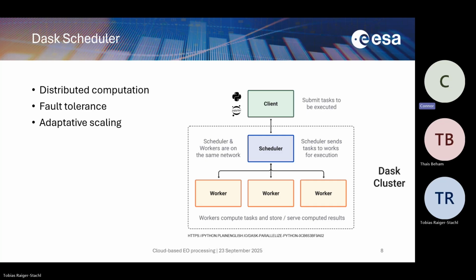If you have a worker that fails, the other workers will replace it. And also Dask allows adaptive scaling in a sense that you don't need to define the exact number of workers. You can just define a range, and Dask will try to find the optimal number depending on the stage of your process.